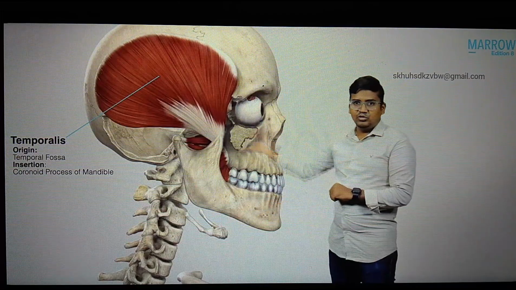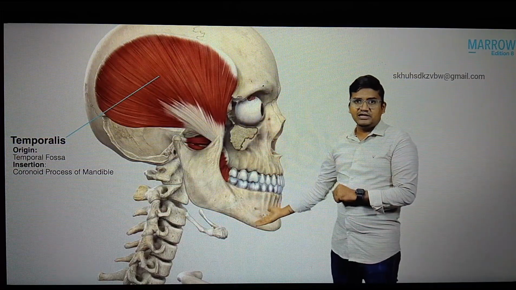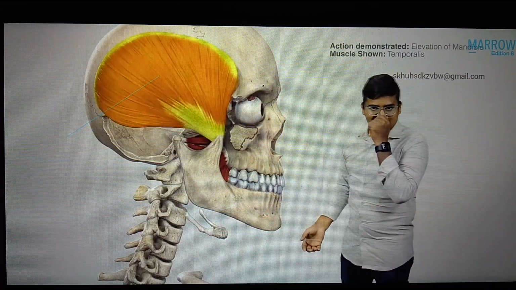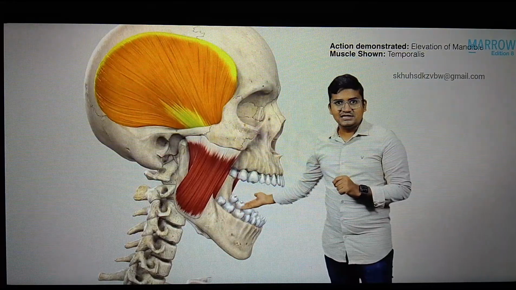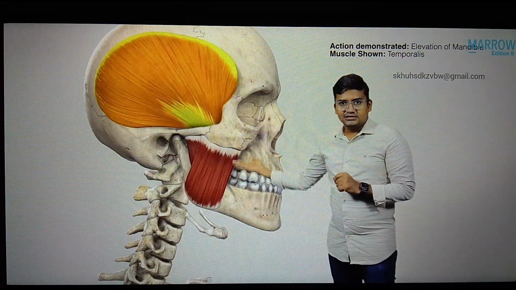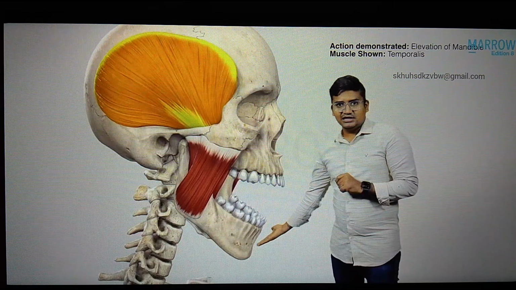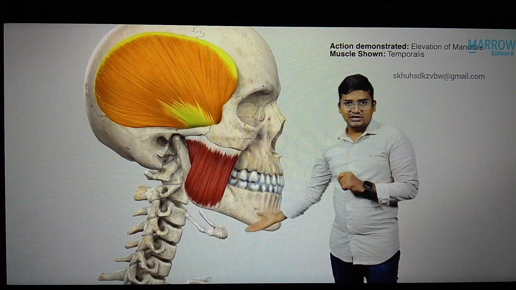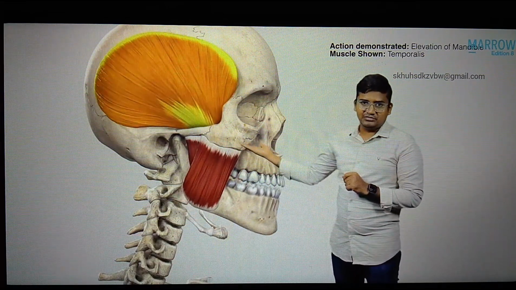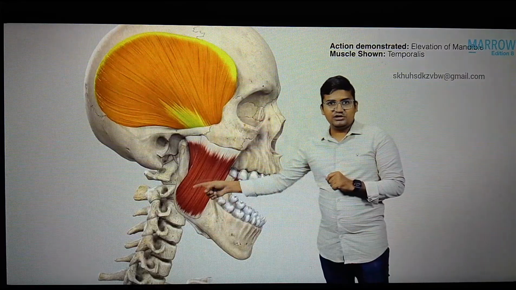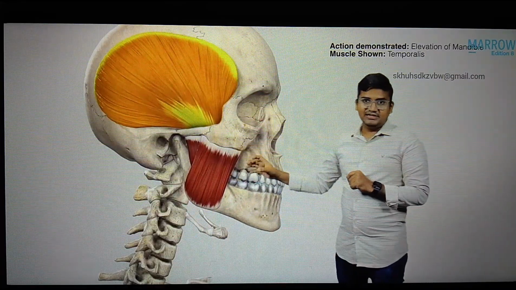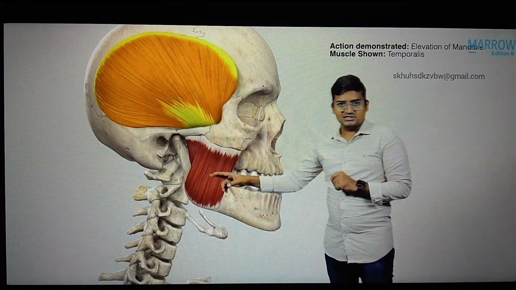The mandible will move towards the origin point. Again, the mandible is elevating. Elevation of the mandible. The main elevator, chief elevator, prime elevator, is the masseter muscle.